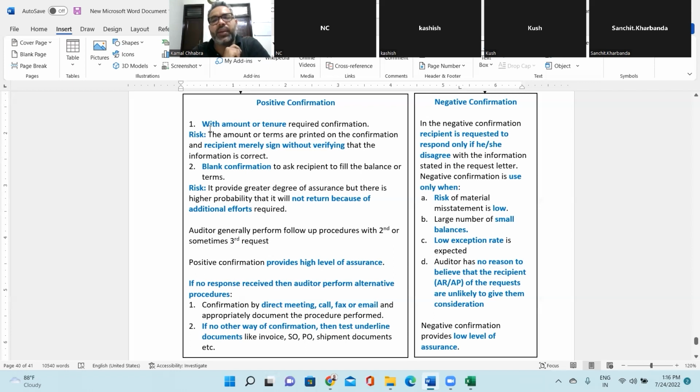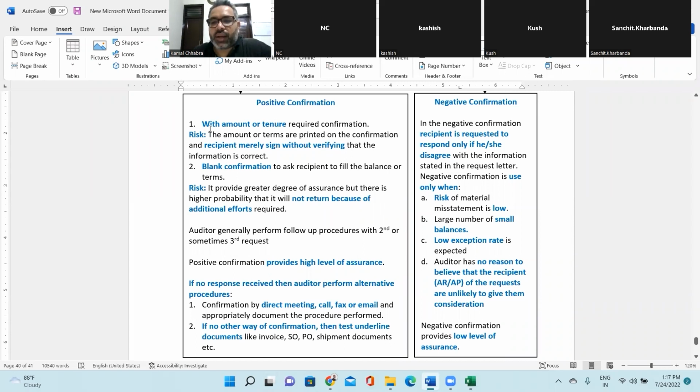Second is when there is a large number of small balances, so there are not many key items, more of a homogeneous kind of transaction. And a low exception rate, that means you will not be receiving much confirmation back.